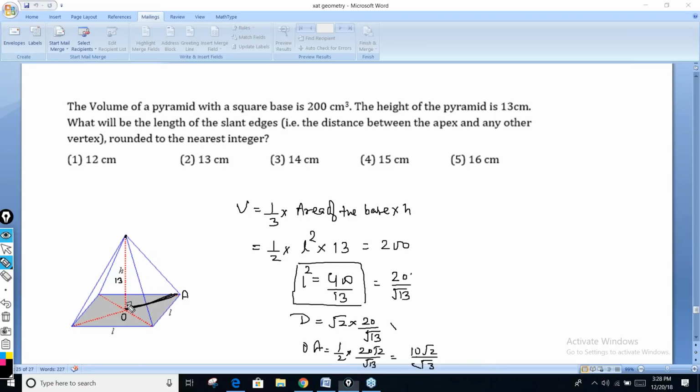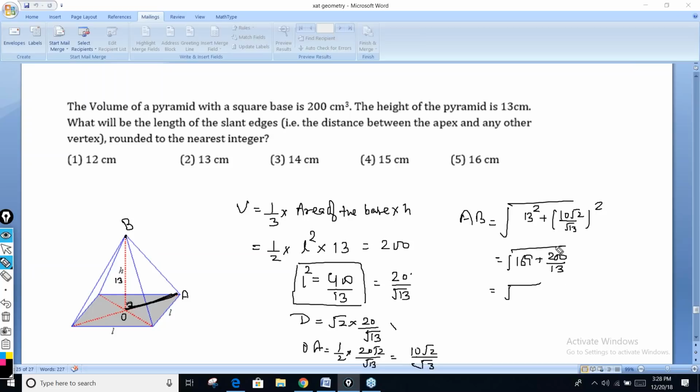Use the Pythagoras. This is 90 degrees. This we know, this we know. So what is the value of, let's say, AB? AB square is 13 square plus this square, 10 root 2 upon root 13 square. So that is 169 plus 200 upon 13.